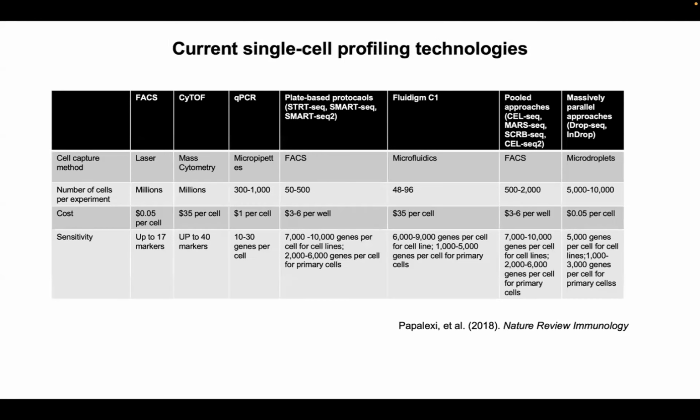Currently, there has been a lot of single cell profiling technology applied in immunology, for example, flow cytometry and mass cytometry. And they have been very successful in identifying the major immune cell types at the single cell level. However, they are limited by the pre-selected markers and the surface protein markers.